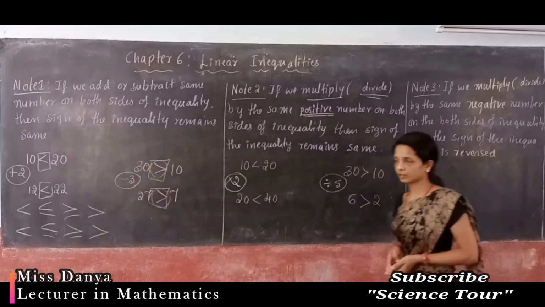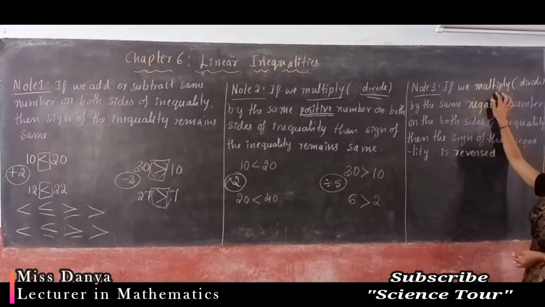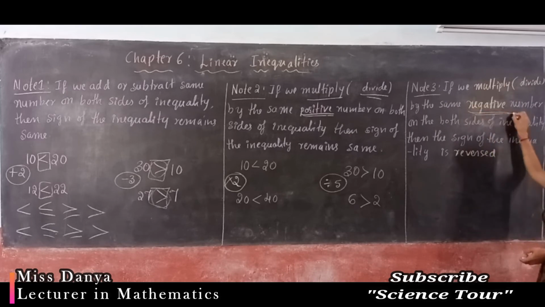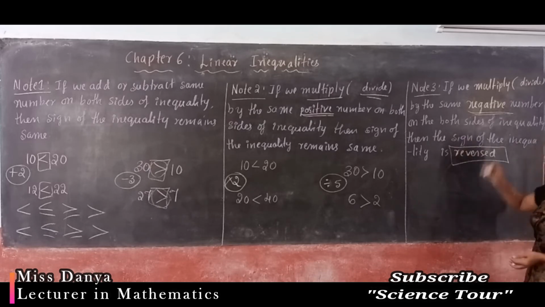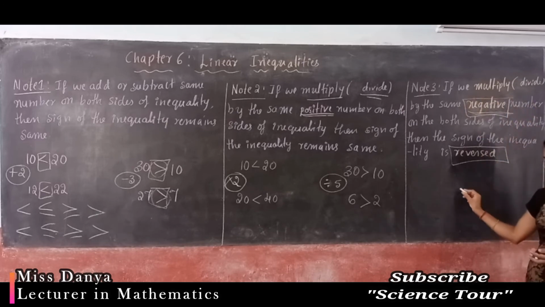Next, note 3. What do you have in note 3? If we multiply or divide by the same negative number on both sides of the inequality, then the sign of the inequality is reversed. Reversed means if it is less than, after the operation it will be greater than.